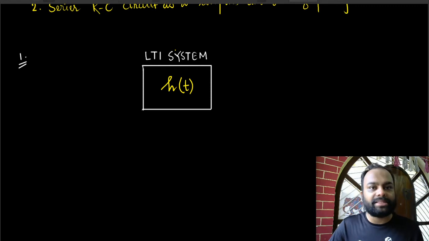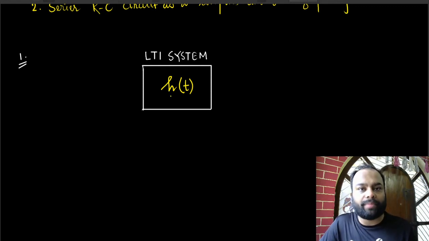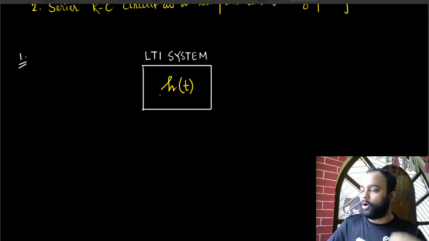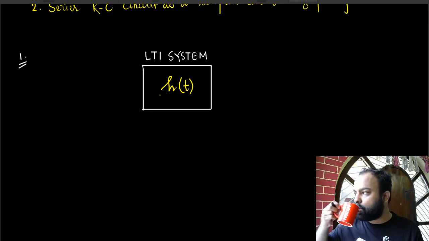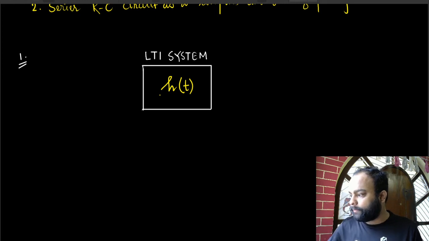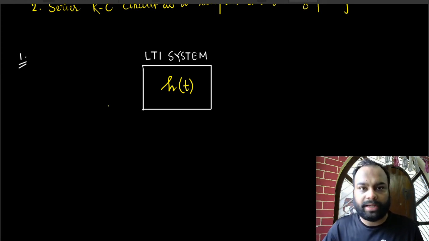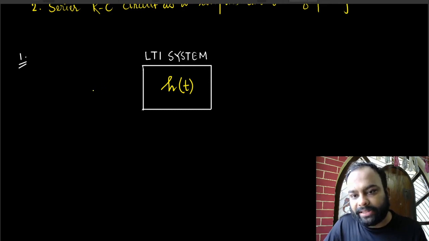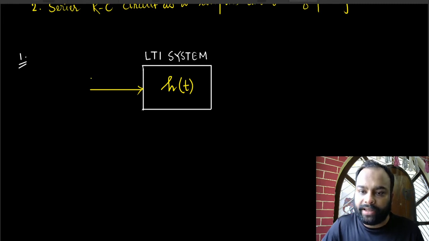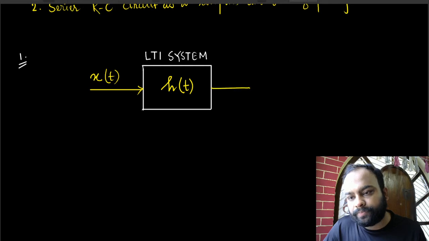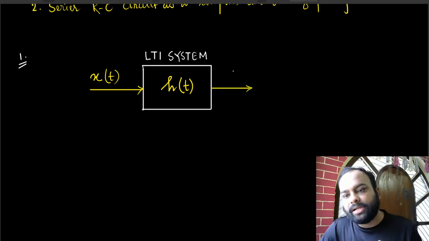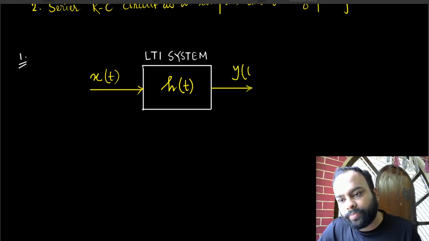So when I excite this system with delta(t), that is the unit impulse input, this becomes the output. All right, there is no issue with that. Now with that said, when I excite this system with any generic input, say x(t), I also have the output here, which is represented by y(t).